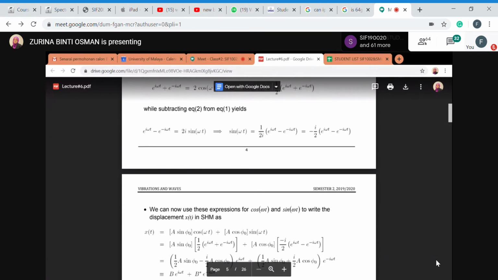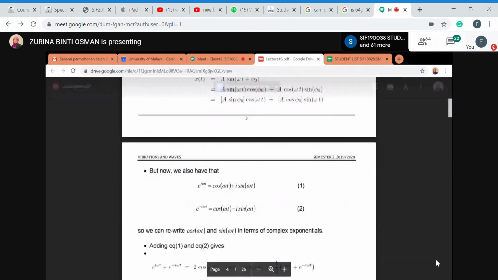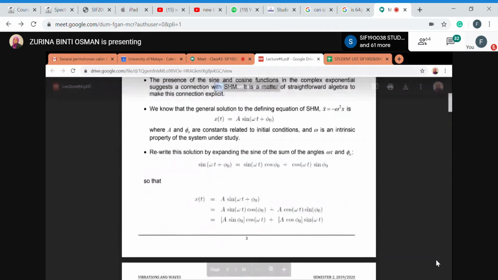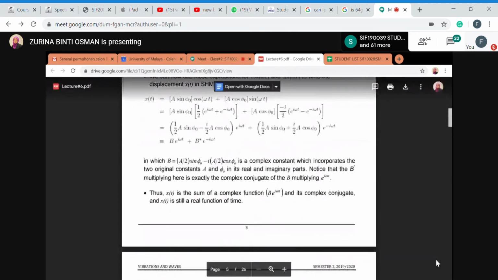Then do the same thing: subtract equation 2 from equation 1, and the answer will be here. After that, substitute what you have into this equation, and finally we have this answer after you factor out.